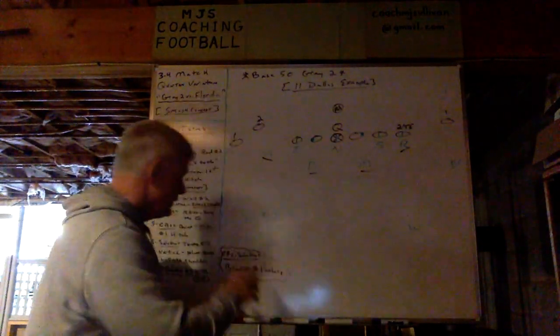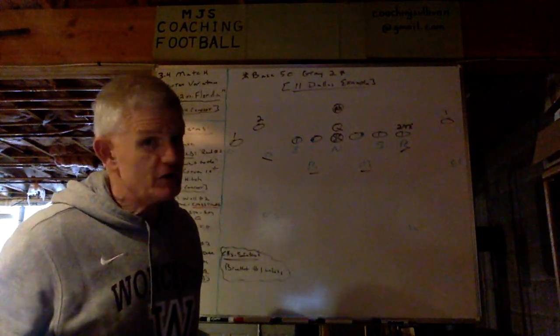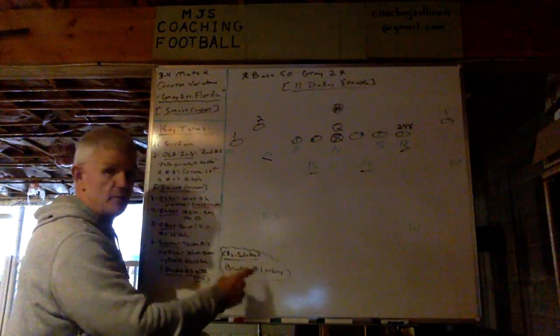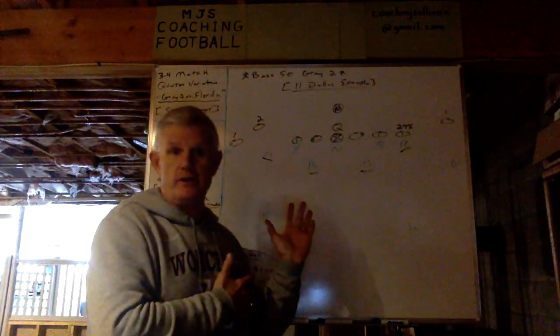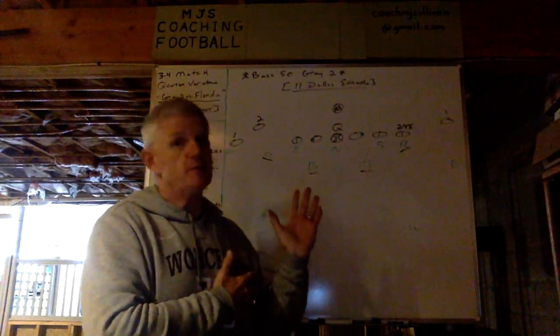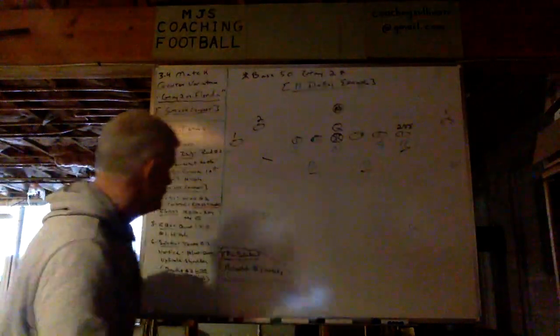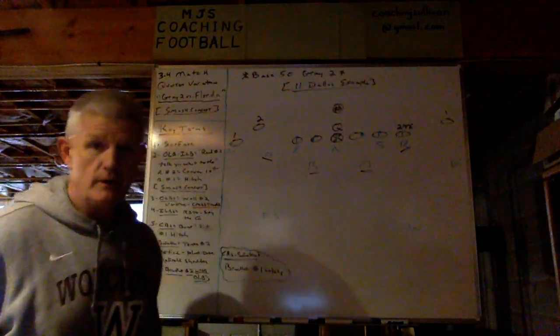Because remember, corners and safeties are going to bracket number 1 unless. This is an unless scenario. Then it becomes a bracket on number 2's vertical. I'll show you the cross tracks, and it's very easy to teach and drill when we get to the diagram.